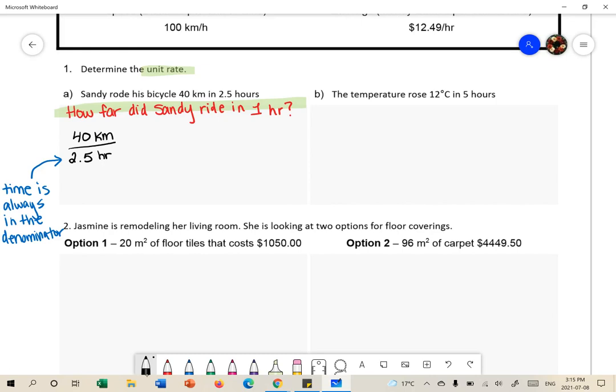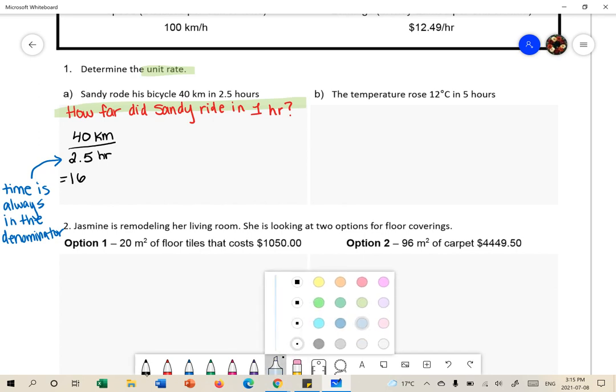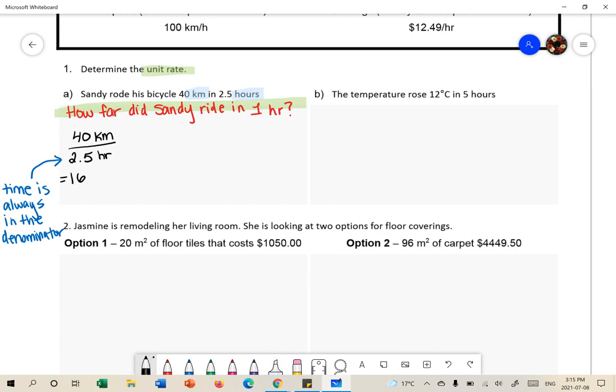40 divided by 2.5 is equal to 16. And then I need to include both of my units in order for this to be a unit rate. My units for this example are kilometers and hours. So I'm going to write my units in the order that I wrote them in my fraction.